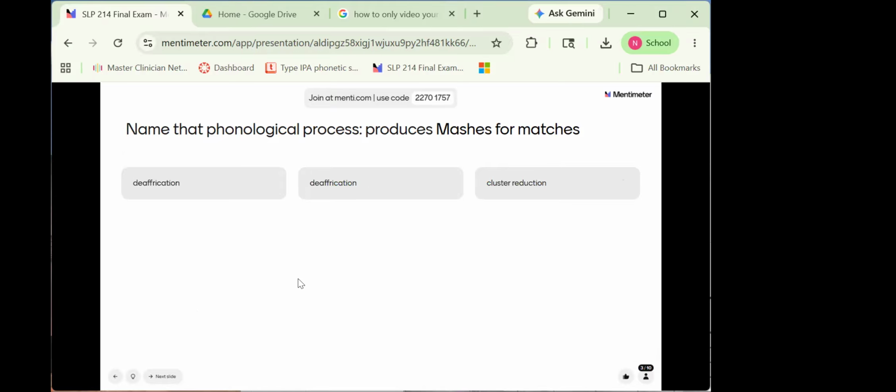So this one is where we see our deaffrication. We went from ch to sh in this one. So that's deaffrication.